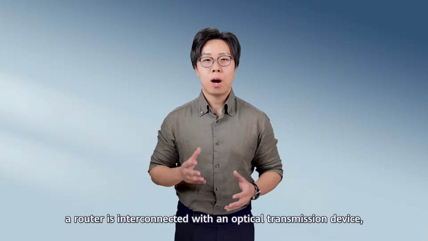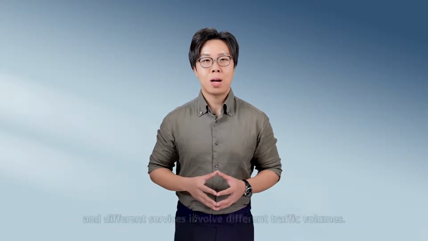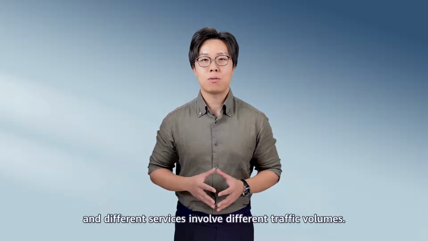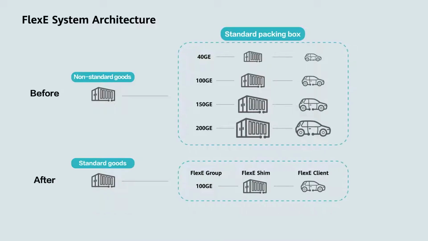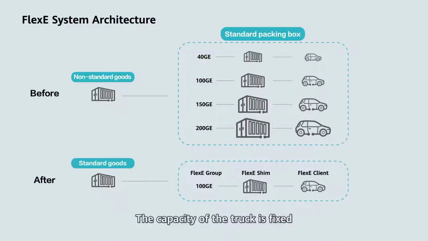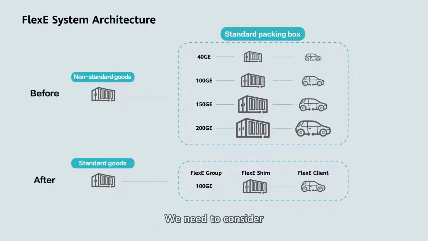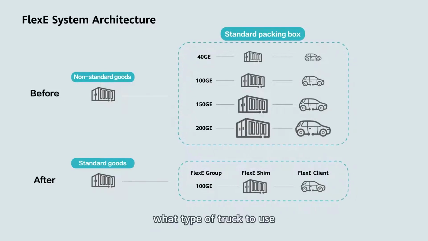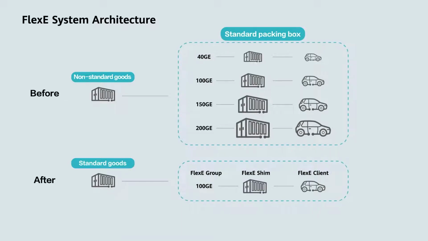For example, a router is interconnected with an optical transmission device, and different services involve different traffic volumes. This is like a scenario where goods are transported. The capacity of the truck is fixed, but the size of goods is different. We need to consider what type of truck to use and what kind of paths to take during packing.